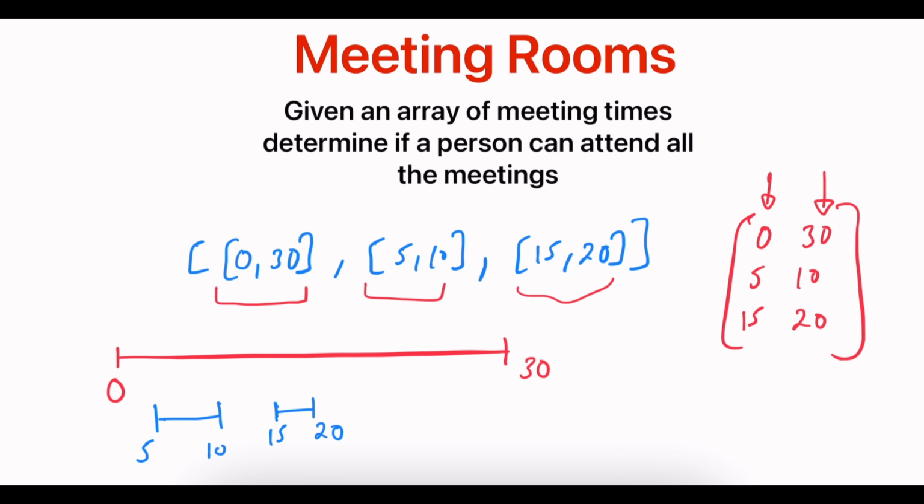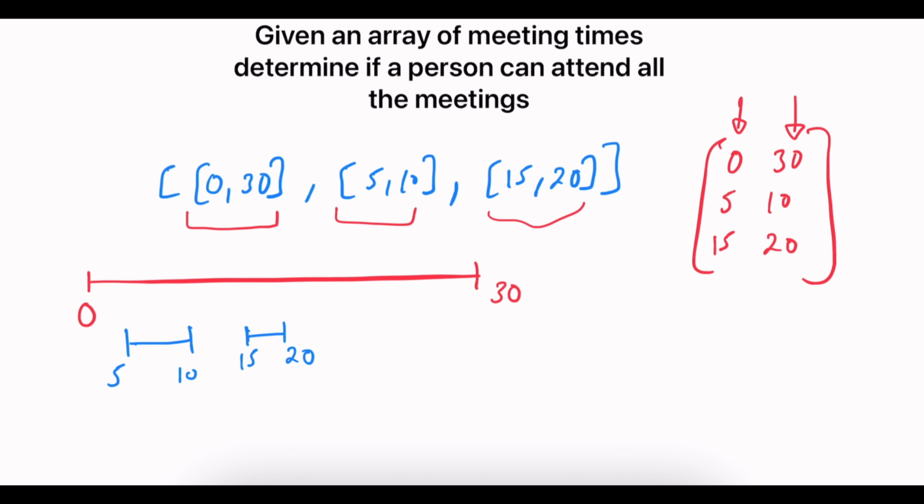And we have to determine if a person can attend all the meetings. As you can see from the diagram, this meeting is clashing with this meeting and this meeting is clashing with this one. So either we can attend this meeting or we can attend these two meetings. So we cannot attend all the three meetings, so we have to return false in this case.